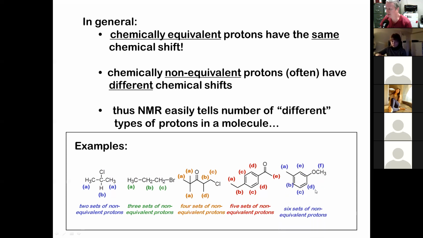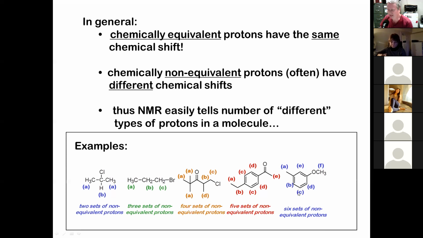So A, B, C, D, E, F. So 6 sets of protons. Each of these CHs experiences a slightly different environment, right? Of course, A is a CH3. E, of course, is in between the methyl and the OCH3.